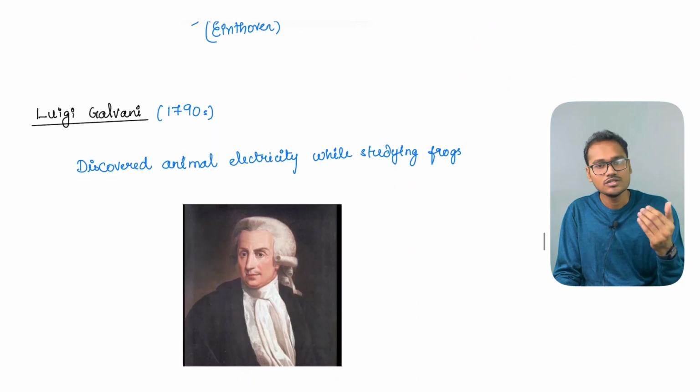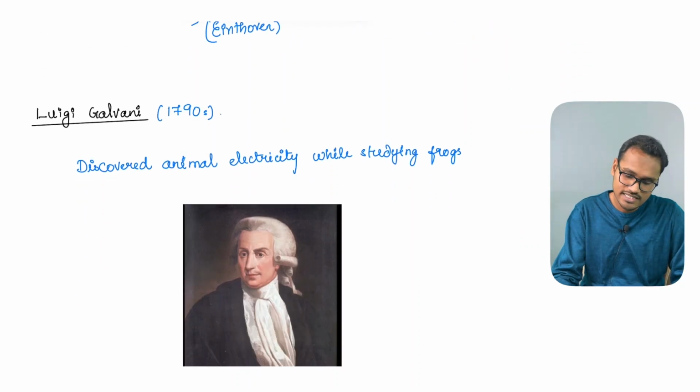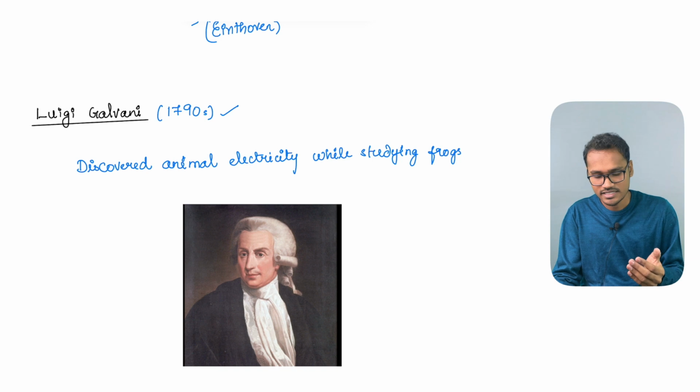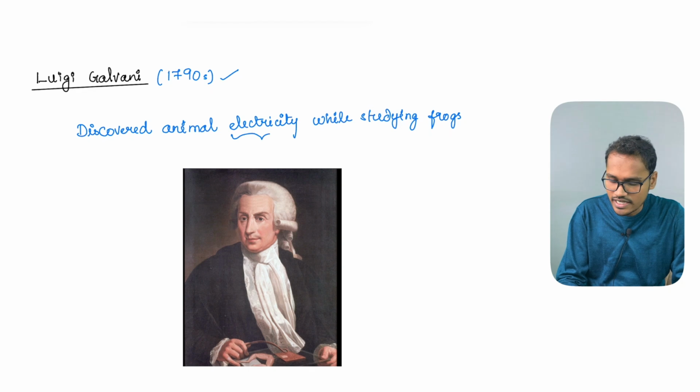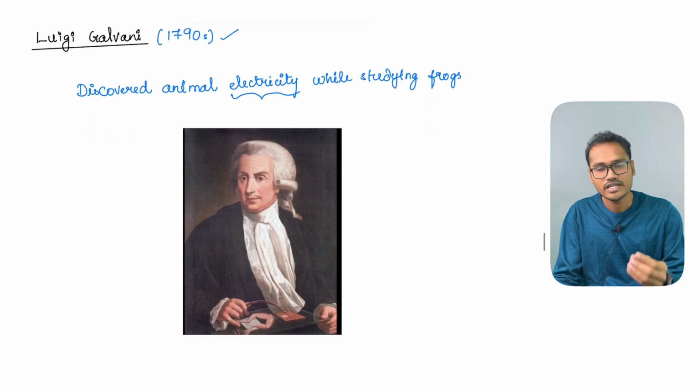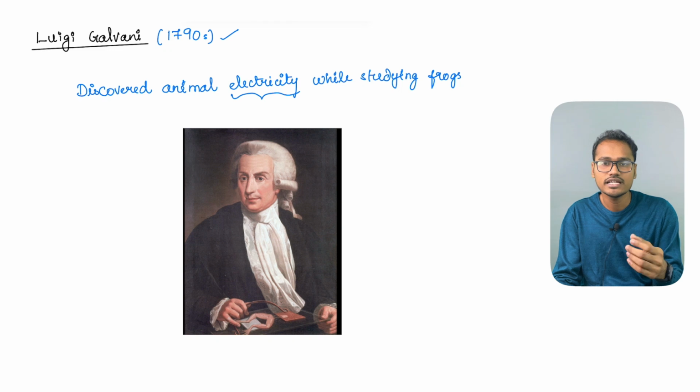First is Luigi Galvani, in the 1790s, even before the 1790s, he started working on animals and found that electrical activity is produced whenever a muscle is stimulated, using an electrical stimulus to twitch it.